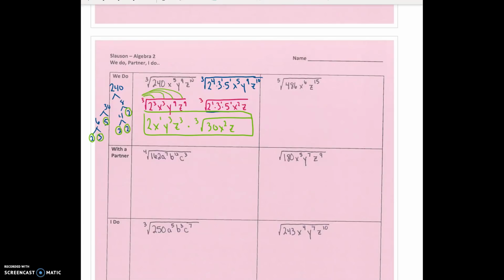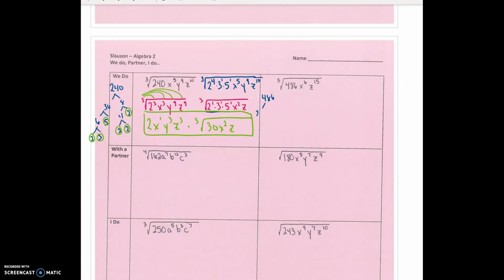So same thing for number 5. I'm going to start with my factor tree. So 486, and again, you can always use your factor program to help you get started, but put 486 right here. Let's see. I think a great place to start is just with 2.